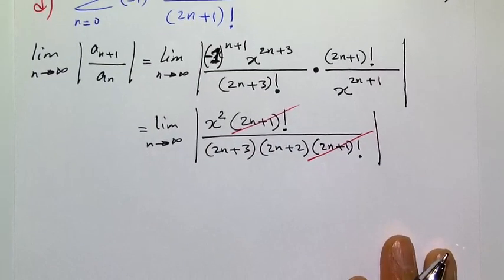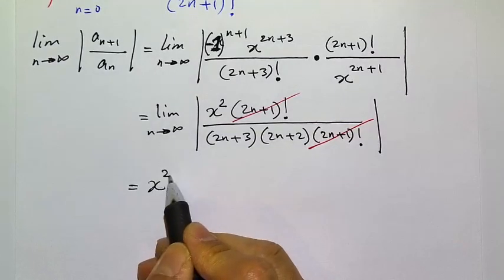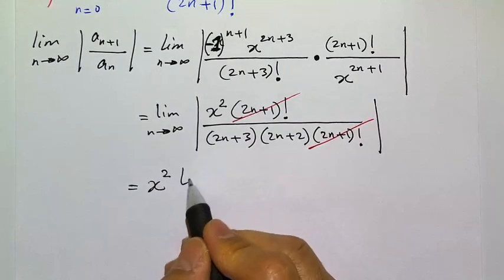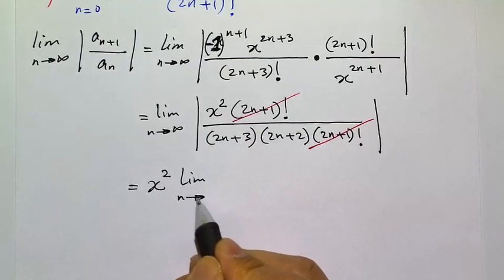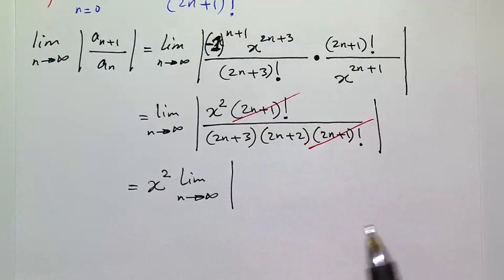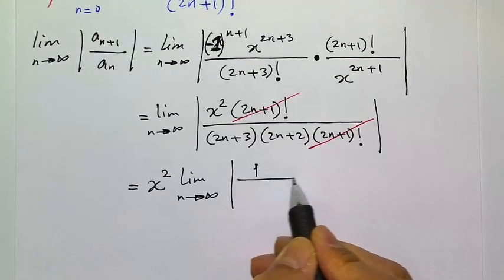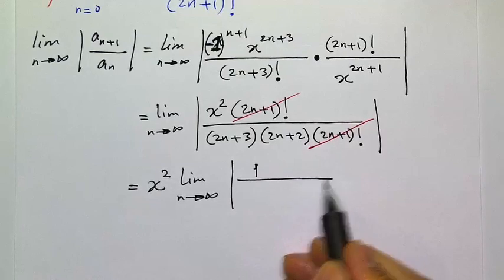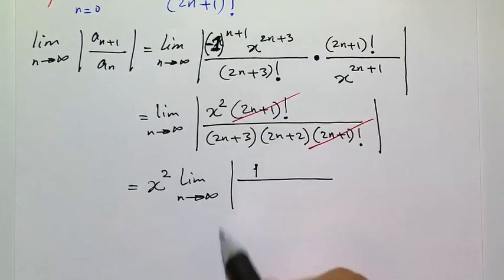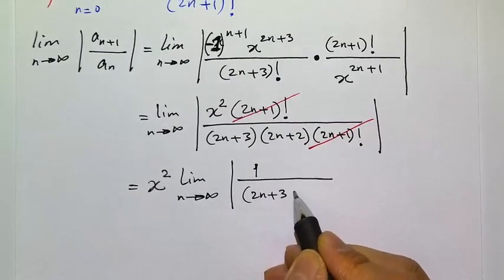So we end up with x squared times the limit as n goes to infinity of the absolute value of, do we even need the absolute value? No, we don't really need the absolute value, but it's okay. Since I drew it, there's no way for me to erase that now, but maybe later I can do that.